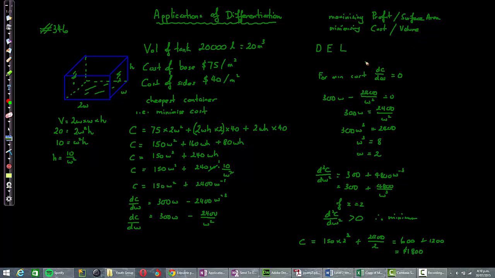But coming back to our steps, so this was the substitution stage here where we put it in terms of one variable. We then differentiated and equated it to 0, and then back substituted into the original problem to find the maximum or minimum.